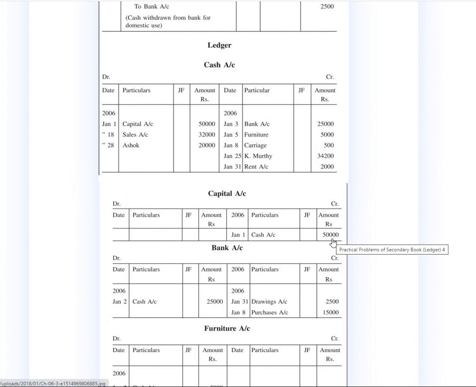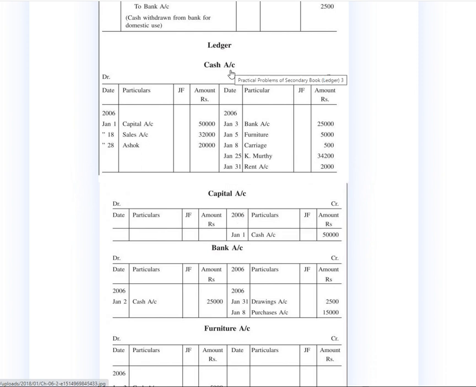So what are you understanding here? The first transaction was held on January 1st. A business was started with cash. Hence the journal entry was cash account debit to capital account. That journal entry you have to record in two ledgers: one is the cash account ledger, the other is the capital account ledger.